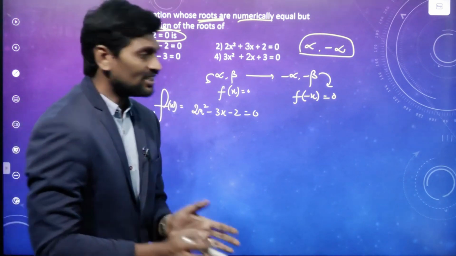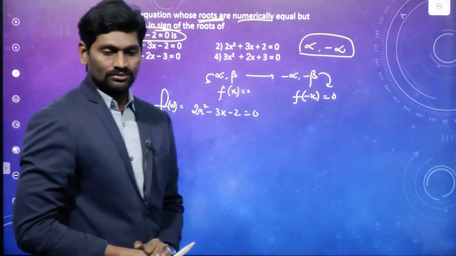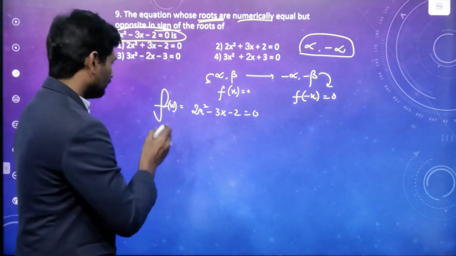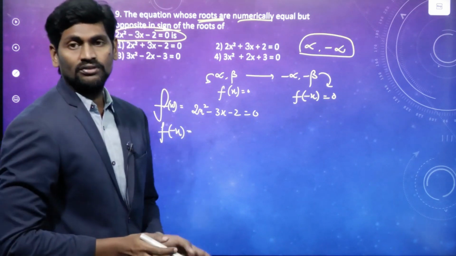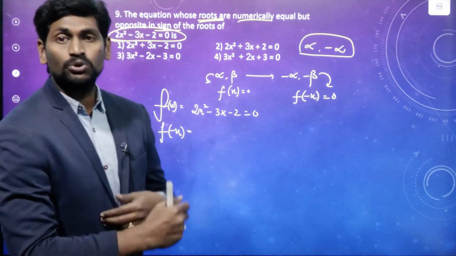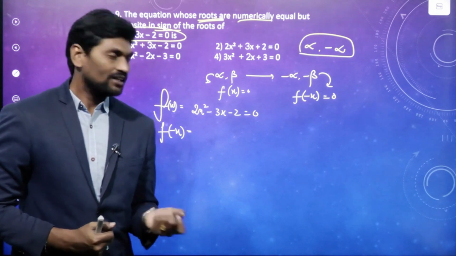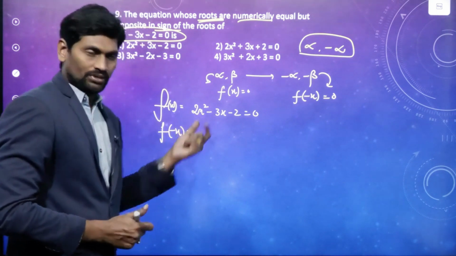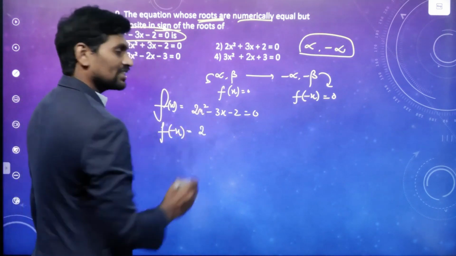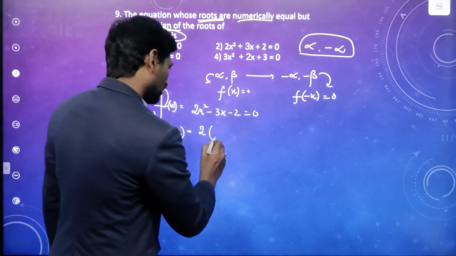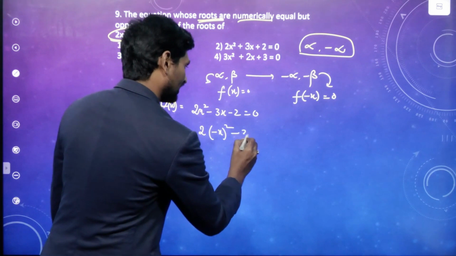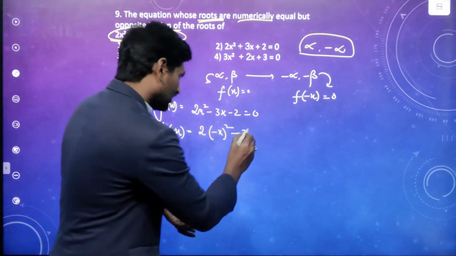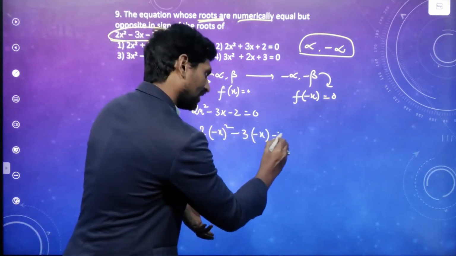But our required answer is f of minus x value. f of minus x means in the place of x we need to substitute minus x. Am I right? In the place of x we need to substitute minus x. So 2x square, that means 2 into (minus x) whole square, minus 3x. 3x means 3 into x. 3 into minus x, minus 2 equal to 0.